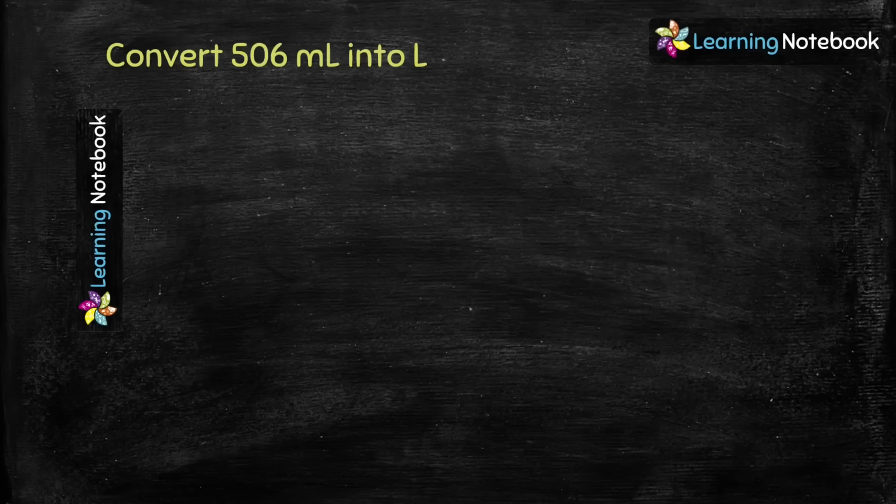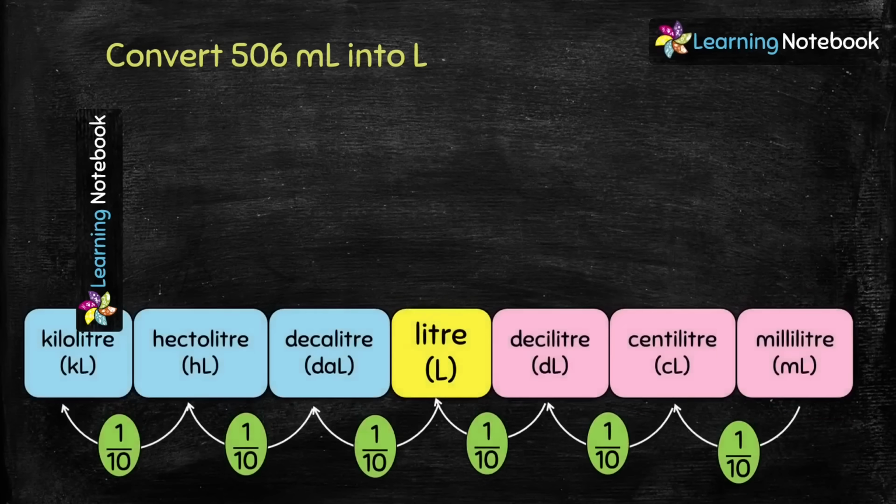Next question is, convert 506 milliliters into liters. So here we are converting a lower unit into a higher unit. If we refer to this diagram, we can see that 1 milliliter equals 1 by 1000 liter, because we are jumping 3 times from milliliter to reach liter.